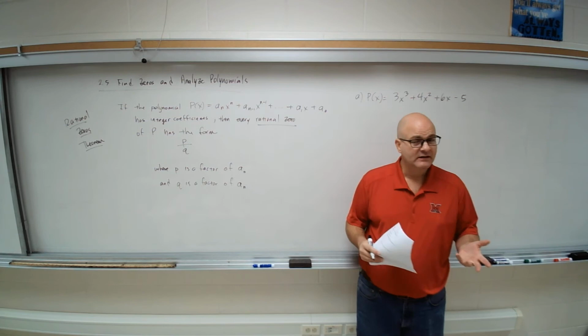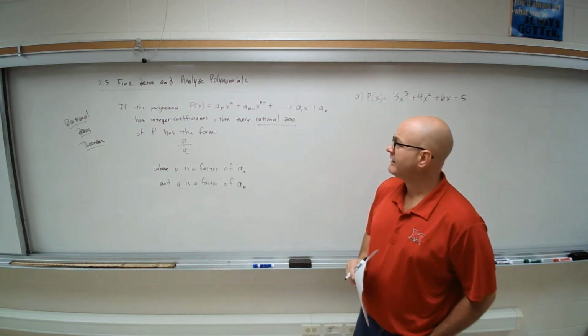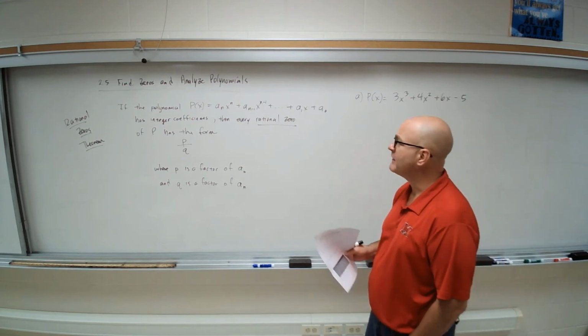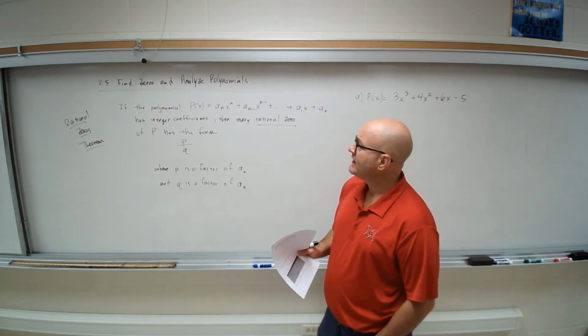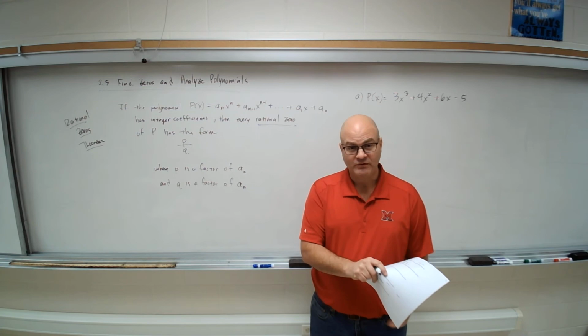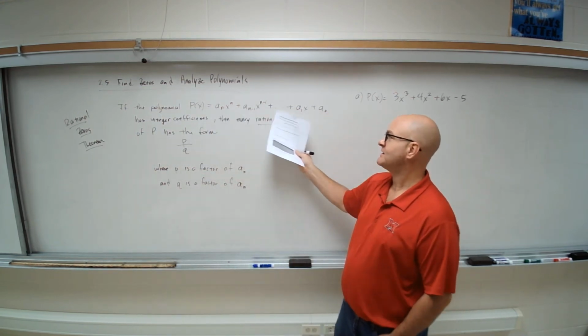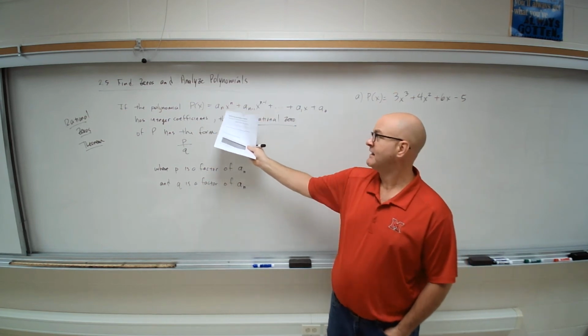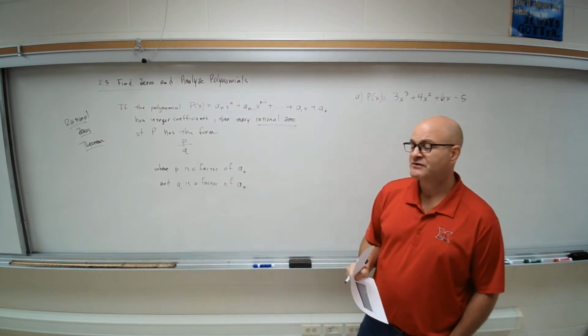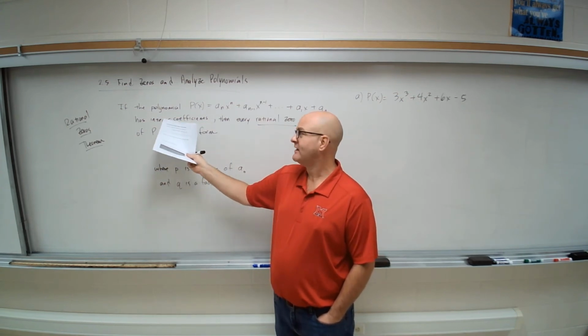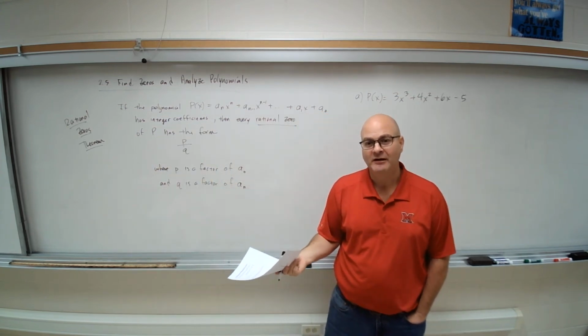It's pretty amazing that it works, I think, when you consider all the different possibilities, and we're even going to get fractions and stuff. But with this definition, just a few things to be aware of. So if the polynomial p of x equals, again, this big expanded form, right? a sub n is the leading coefficient, a sub 0 is the constant term, and it has integer coefficients. So an integer is a positive or negative counting number, correct?